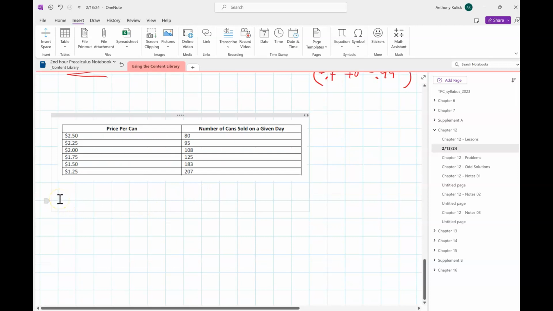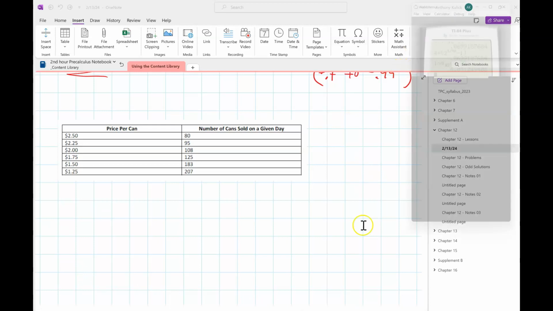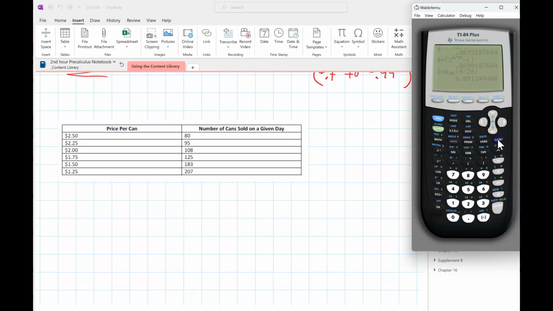Everybody's okay with that? What I'm going to do with this data set is first show you how to create a scatter plot out of this data set. Cool?